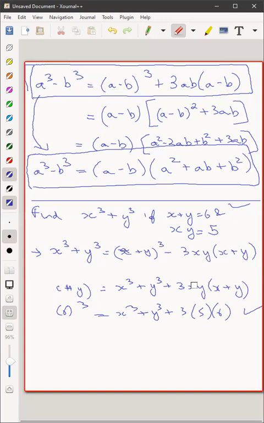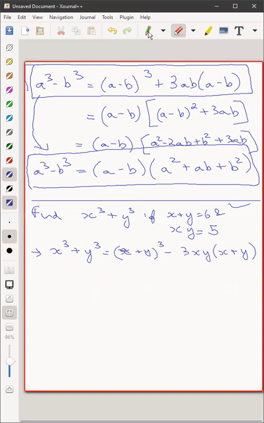So we already know this identity that x cubed plus y cubed is equal to x plus y the whole thing cube minus 3xy into x plus y. What is x plus y here? It will be 6 raised to the power 3 minus 3 into 5, which is 15, and x plus y again is 6, so into 6.